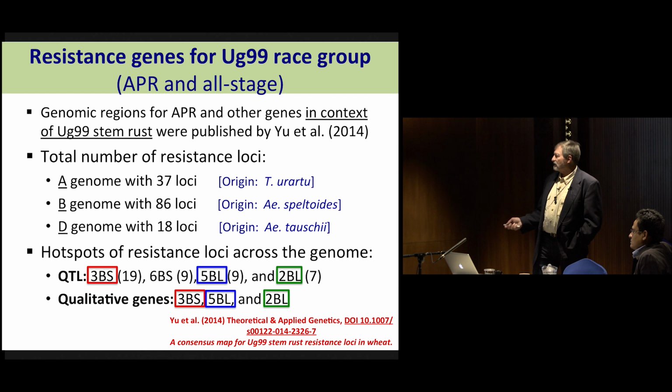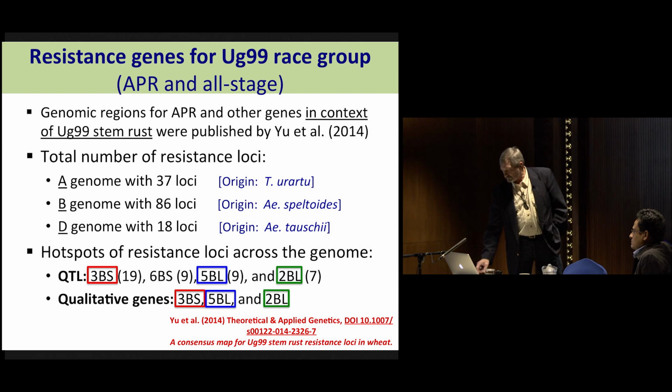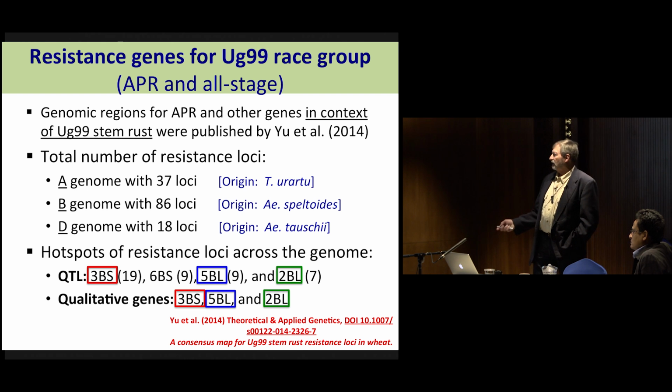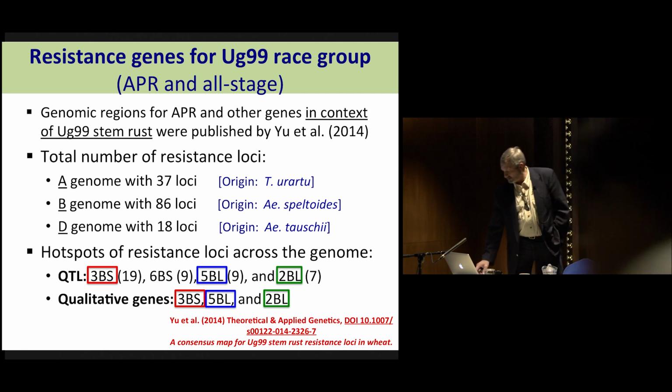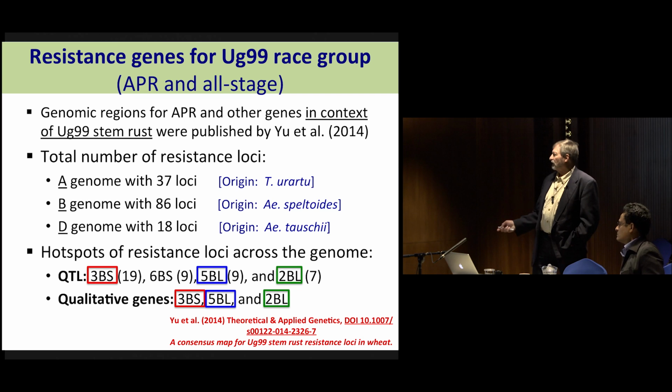Interestingly, there are hotspots of resistant loci across the genome, and there are 19 QTLs on 3BS. There are a number of qualitative or all-stage genes on 3BS also. There are a number of QTL, 9 of them in fact, on 5BL, and a number of qualitative genes on 5BL.